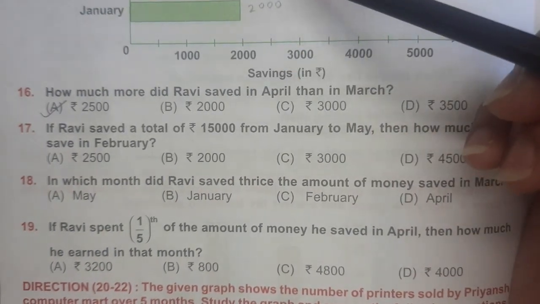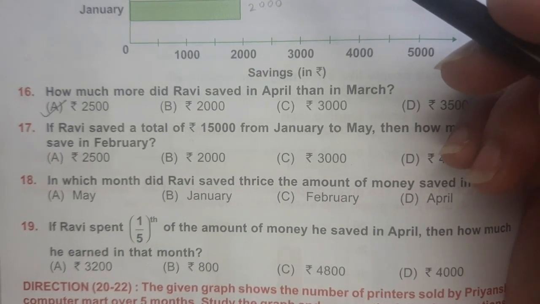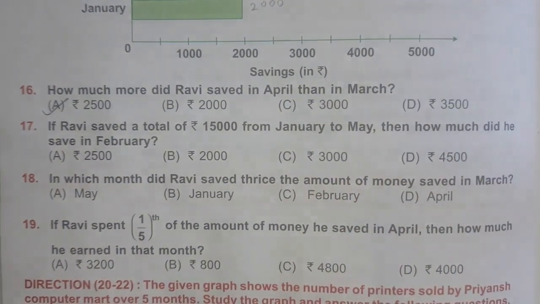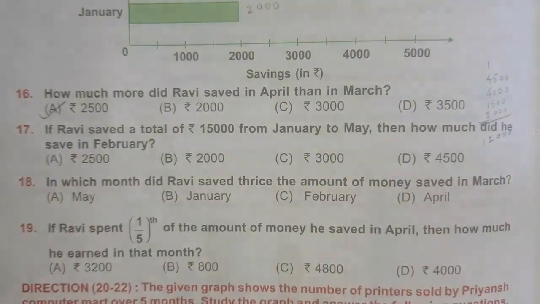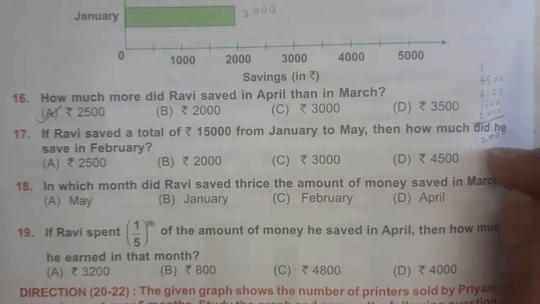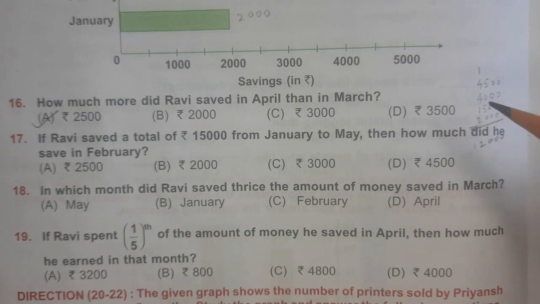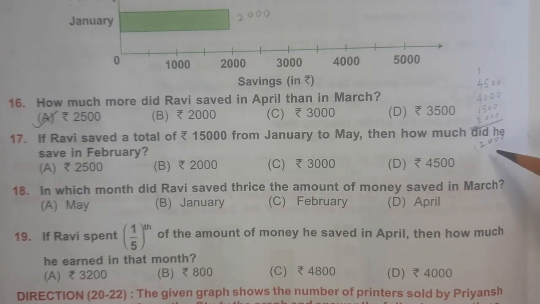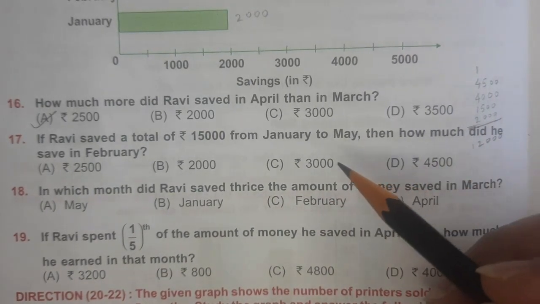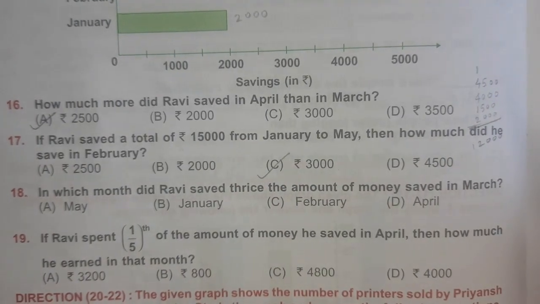Whatever that total is has to be subtracted from 15,000, and that will be the answer for February. Doing the total, I get 12,000. So 15,000 minus 12,000, which is 3,000, should be the amount saved in February by Ravi. So, which is option C.